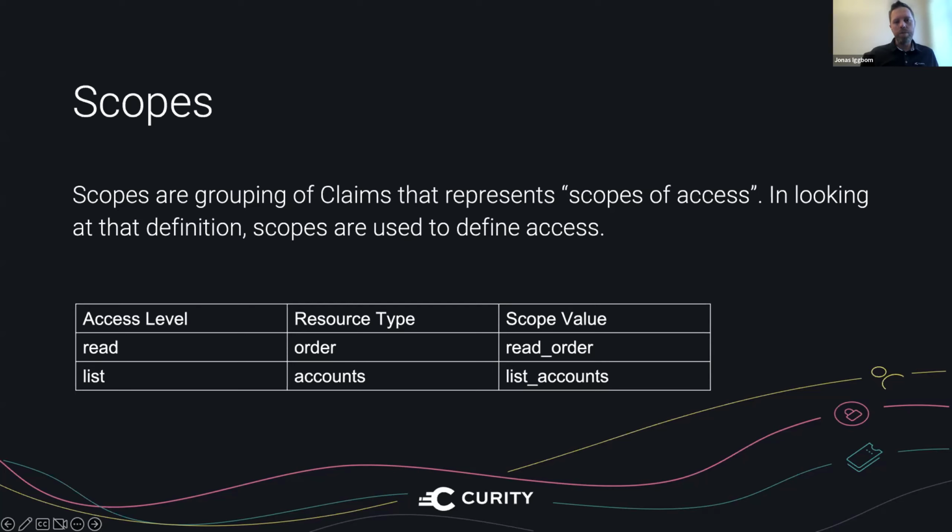But scopes is what we use to request what claims are issued in the token. One of the best known scopes is probably the OpenID scope, which will trigger that you get issued an ID token in most cases.